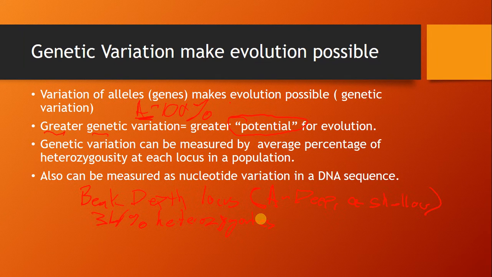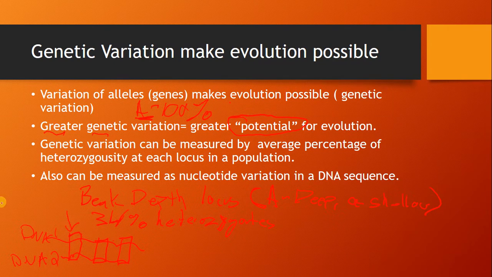Another thing we can measure is the nucleotide variation. So what is the amount of differences in a sequence of DNA in the population? We have DNA strand 1, DNA strand 2, and we look for differences, much like we did with amino acids.